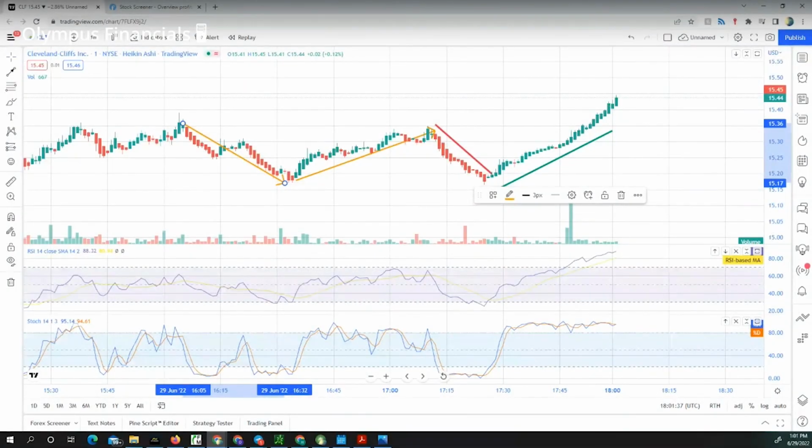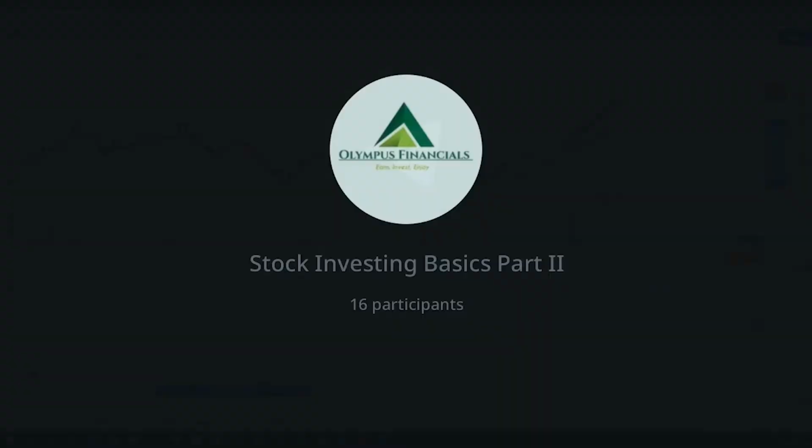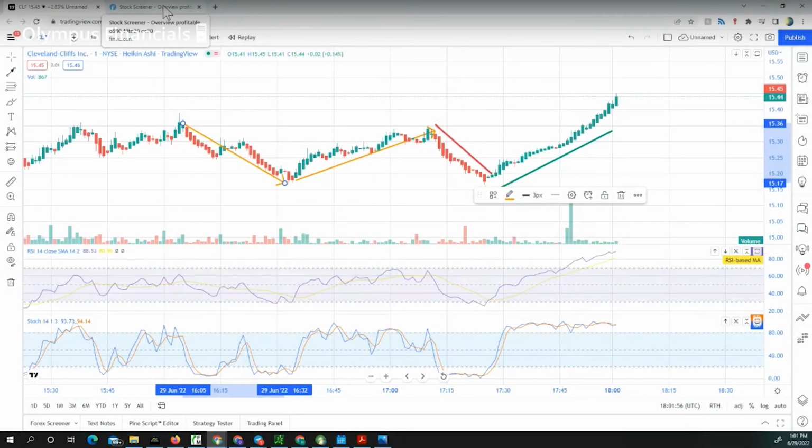When you've done your screening based on things like volume, RSI, price, price to earnings ratio, dividend, and whatever you're trying to do, you will be left with a few stocks that you'll put on your watch list, and then from there you do analysis on the stocks on your watch list.